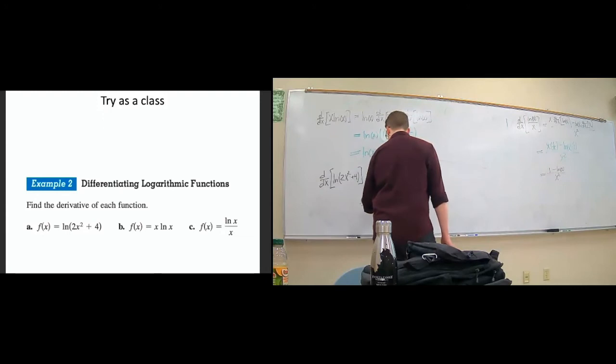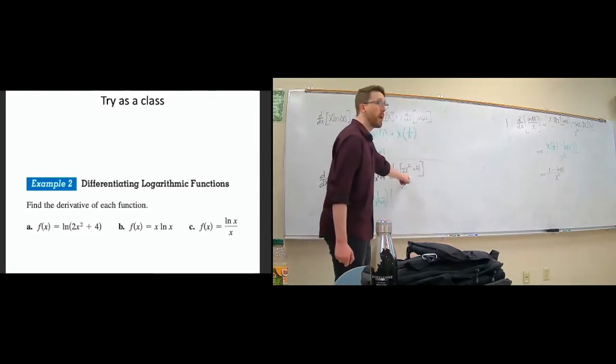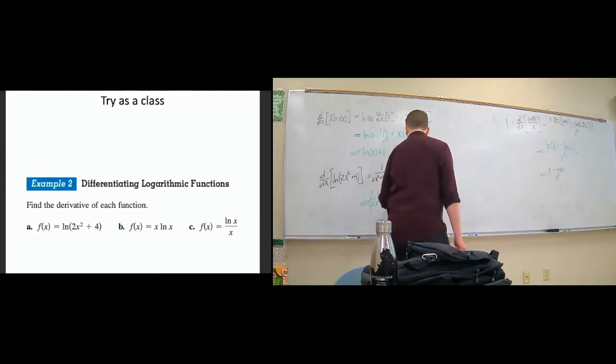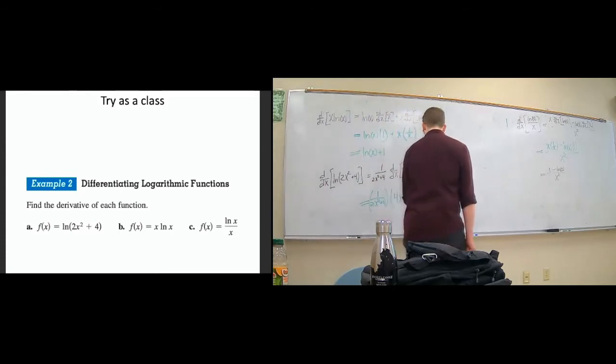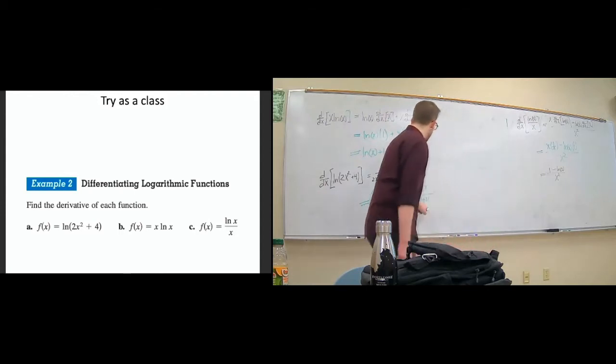1/(2x squared plus 4) times the derivative of 2x squared plus 4, which is going to be 4x, right? Times 4x. This is going to come out to be 4x over 2x squared plus 4. But we can factor out a 2 here.